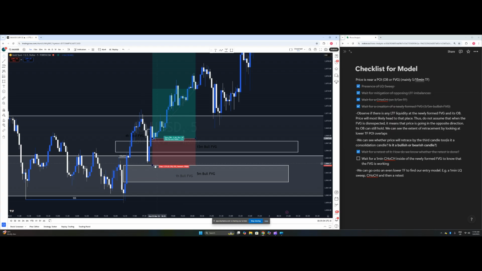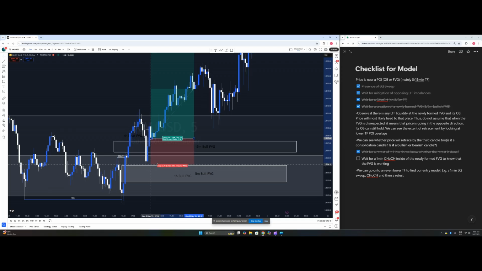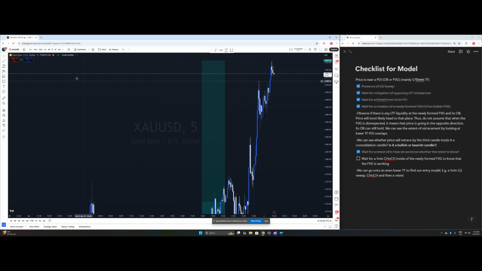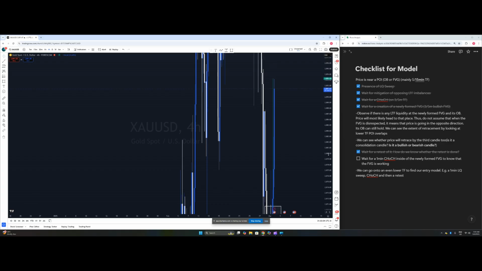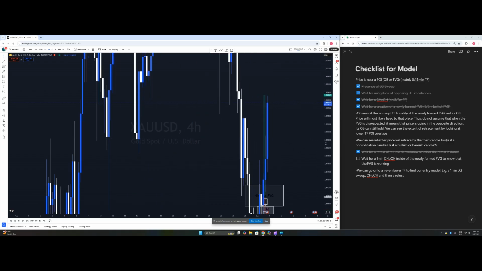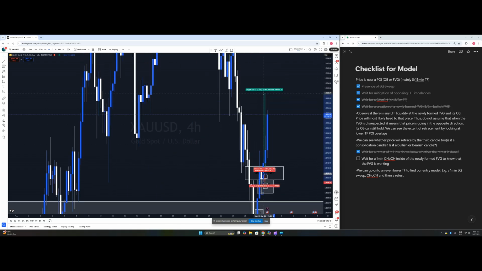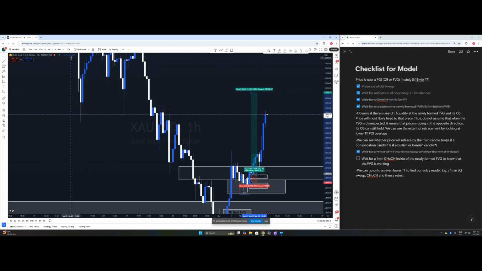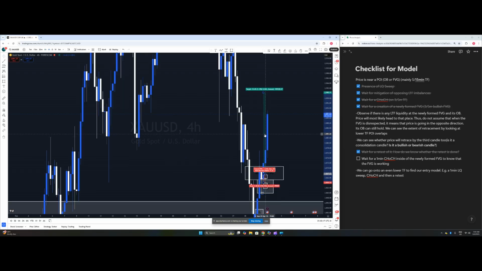So we do not have to put it below this because the 15 minute is way stronger than the 5 minute. So below these lows will be enough. And then we'll target the imbalance right here, the forward imbalance. Yep. And this will give us a 1 to 9.3.